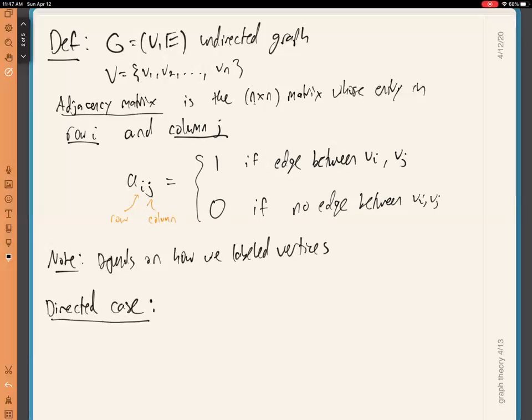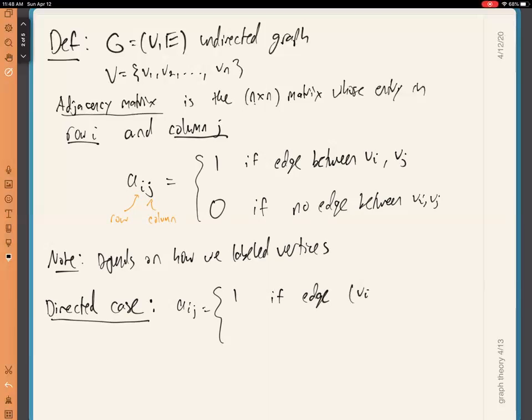One thing I do want to point out is that you can also do this for the directed case, right? And so in this case, we just have to modify the definition. When you're looking at a directed graph, if you just say edge, that doesn't make sense, right? Because the edge has to have some direction associated to it. And so we would define it in the same way, but the entry in row i and column j will only be 1 if you have an edge that respects this order, right?